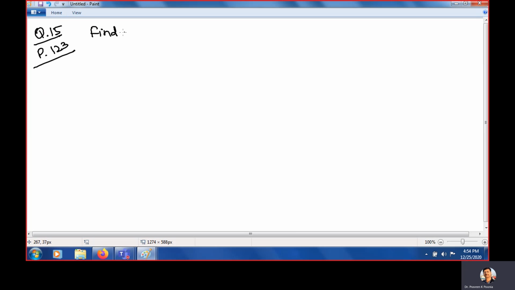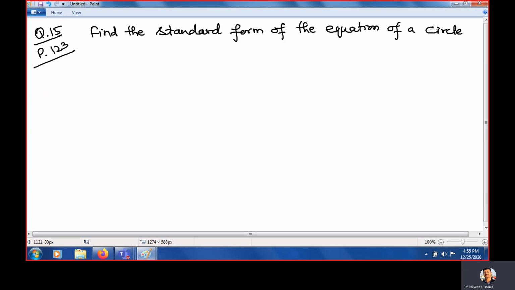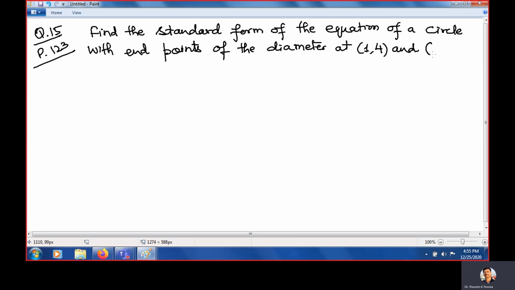Find the standard form of the equation of a circle with endpoints of the diameter at (1, 4) and (minus 3, 2). This is clear.